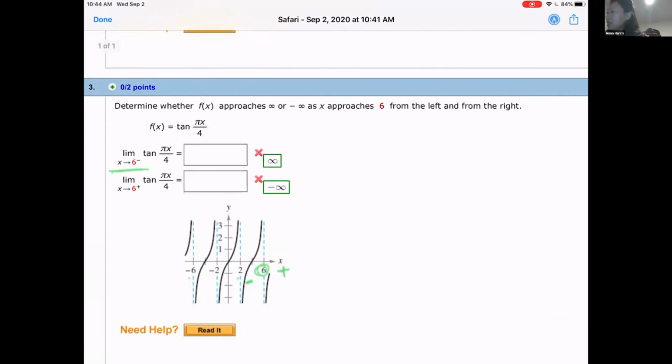So let's just see it. If I'm looking at the limit as x approaches 6 from the positive side of this function, this is the graph that I need to look at. Where does this one approach to? Negative infinity, isn't it? Because this part right here keeps going down.